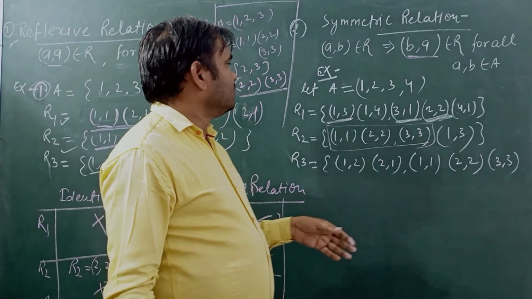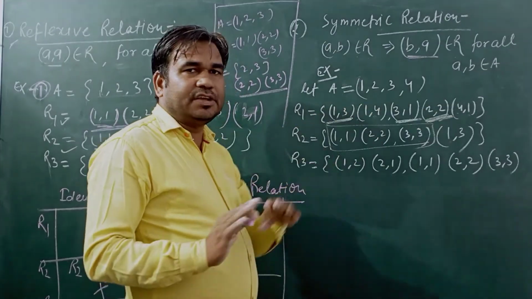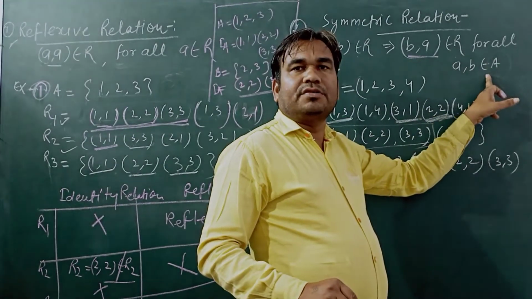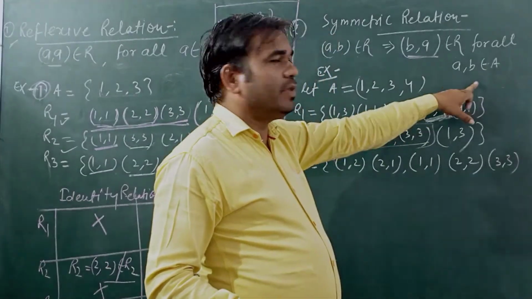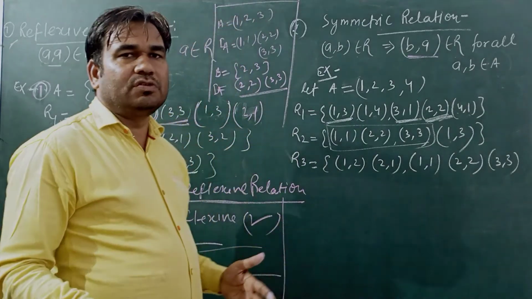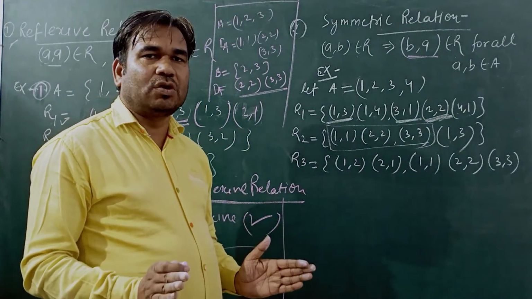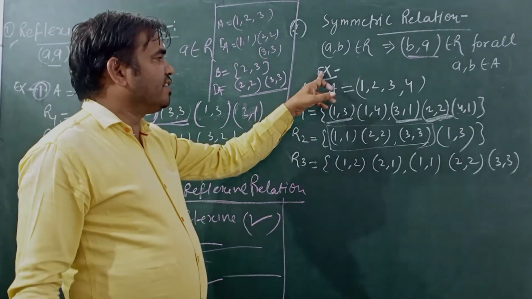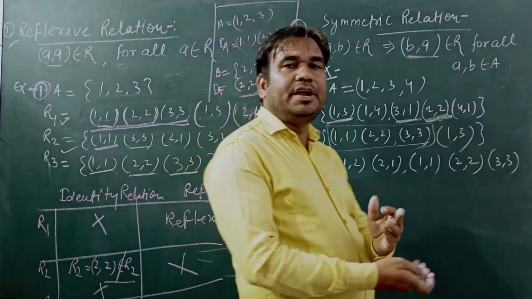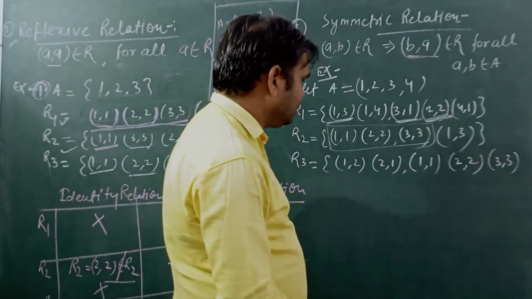This represents only the set, and a and b written in small letters represent the elements only. So here is an example, let us take the set {1, 2, 3, 4} and find the relation.